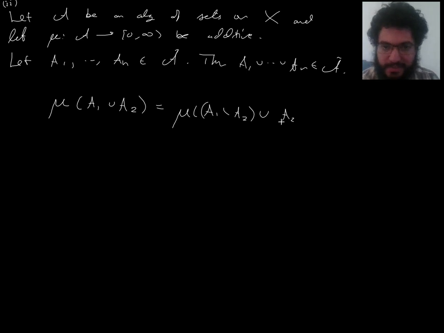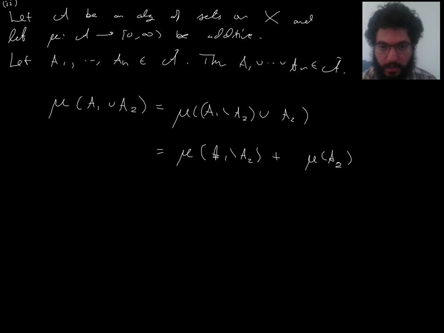A1 union A2 is the same as A1 delete A2 union A2. Now these two are disjoint and they're in the algebra of sets, since algebra of sets is closed under complements. So I get this equality from additivity.